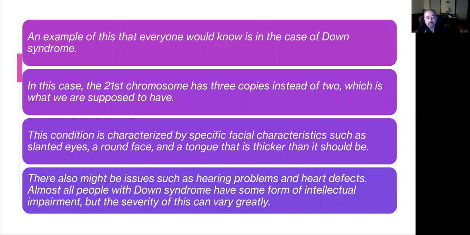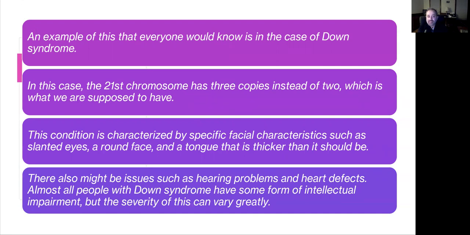An example of this that everyone would know is the case of Down syndrome. In the Down syndrome case, the 21st chromosome has 3 copies instead of 2, right? So we know the 21st chromosome from a male and a female makes it into a pair.